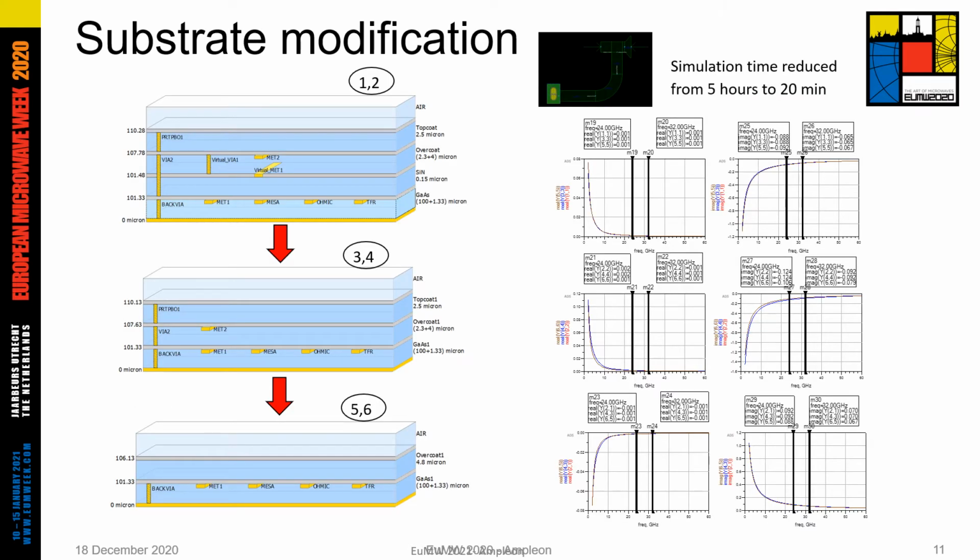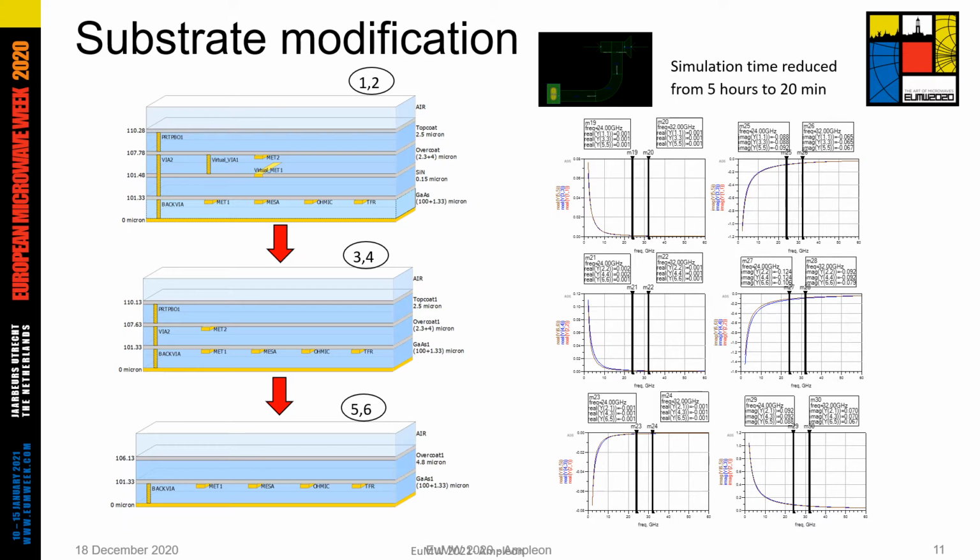To overcome this type of issue, one solution is substrate modification. Here I give an example of a shorted stub, which you can see here in cases 1 and 2. Port 1 and port 2 are the two ports of the stub. We use the full stack of the foundry, which means that all the details are there.